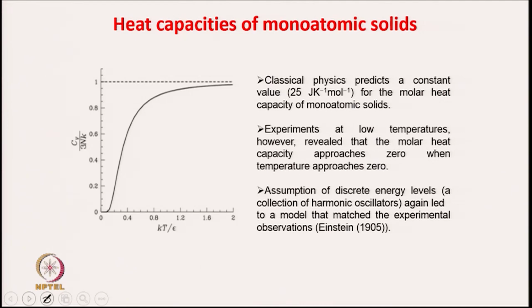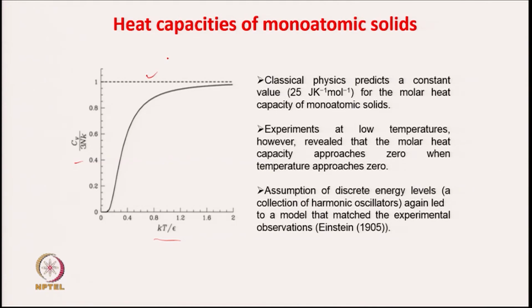Whereas, when we do the experiment at low temperature, we observe that molar heat capacity approaches 0 when temperature approaches 0. So, here is a plot between Cv by 3Nk and kT by epsilon. Classical physics predicts that Cv by 3Nk should have a value of 1.